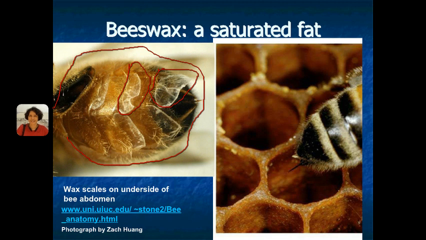Then the bees take that wax and they chew it, and then they pack it together to make their hive, so to make these cells in the hive, and those cells are used both to house the eggs that the queen lays, and also to store honey for the members of the hive.